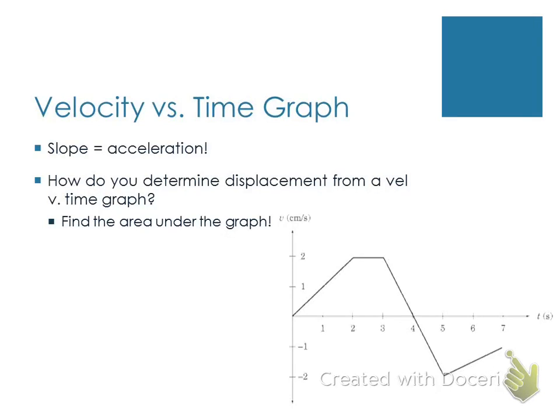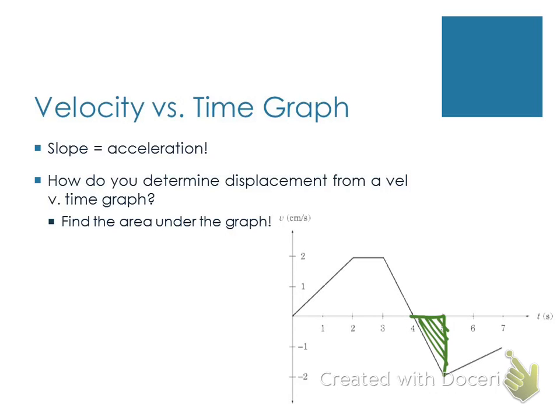Let's go ahead and find our displacement from 4 to 5 seconds. Okay, displacement from 4 to 5 seconds. We're going to find the area from the line to the x-axis. So we're basically going to find this triangle worth of area. The equation for the area of a triangle is 1/2 length times width.